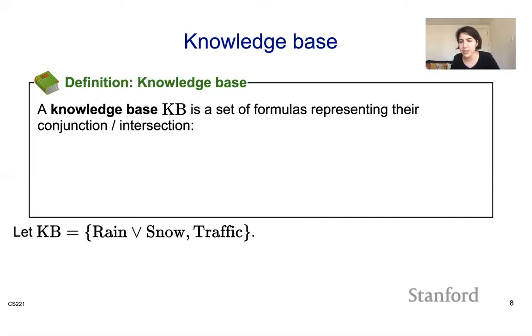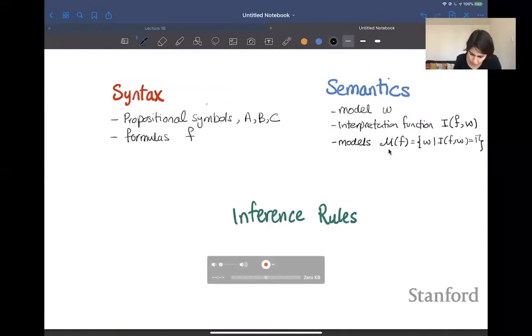If I have a virtual assistant system that I want to add logic to, or I want to speak to it using language or logic, that system has a knowledge base, which is a set of formulas that are already represented. It's a conjunction or intersection of a bunch of things that it already knows.